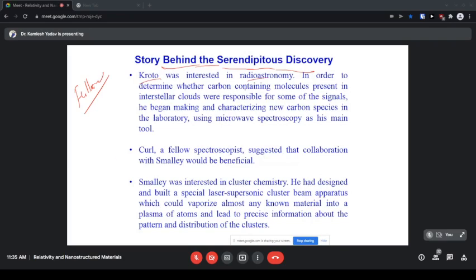Radio astronomy means he was studying how many carbon molecules are present in interstellar clouds, that are responsible for signals and so on. So he was studying carbon species, or you can say carbon clusters, using microwave spectroscopy.